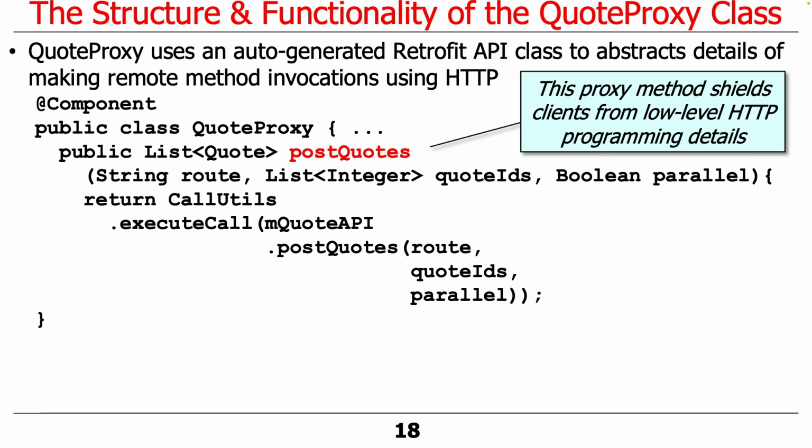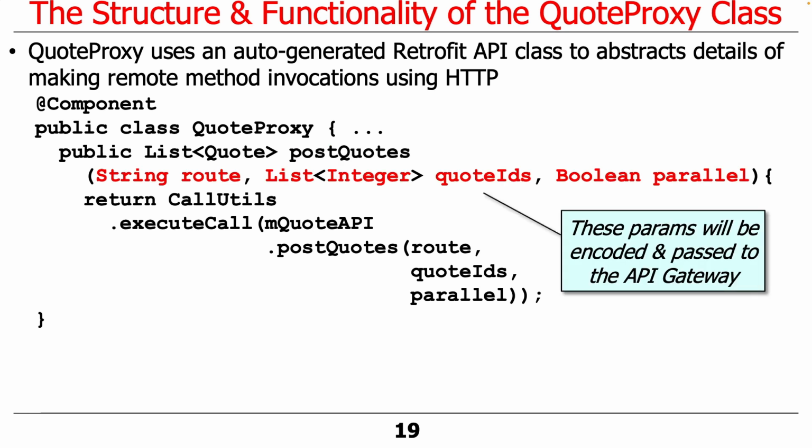Here's an example of how to do this. This is just one of the methods, post quotes. Post quotes shields the client from the details of what we're passing. Here are the parameters: the string, which is the route, either Handy or Zippy, which microservice we want to talk to; the list of quote IDs; and whether we want the calls to run in parallel or not.